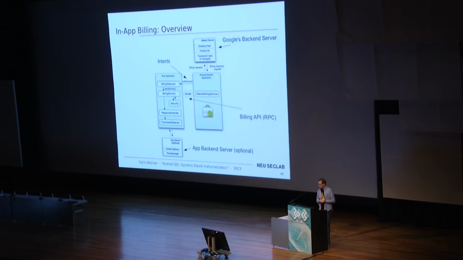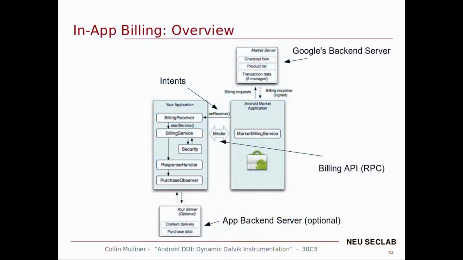So how does this thing actually work? You have your own application on the left, and then you have the Android market. There's basically just an IPC mechanism where you can request billing, and then Google will take a request, send it to the backend server, sign it, send it back to you, and then the application says, oh yeah, the user paid.